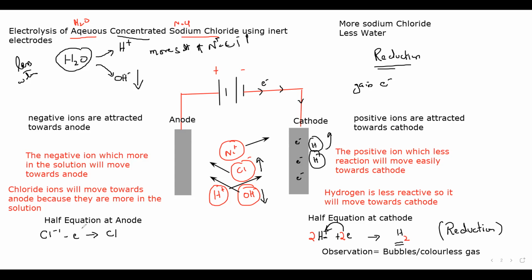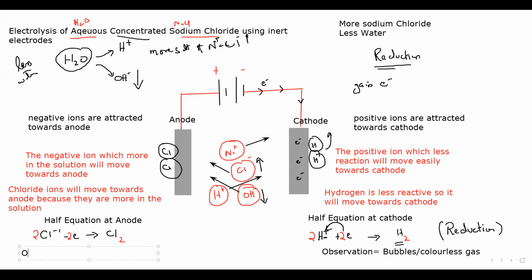The chloride ion loses 1 electron and changes into a chlorine atom. But because chlorine is a non-metal, when two chloride ions are there, they will lose 2 electrons and turn into chlorine. Is this part clear?